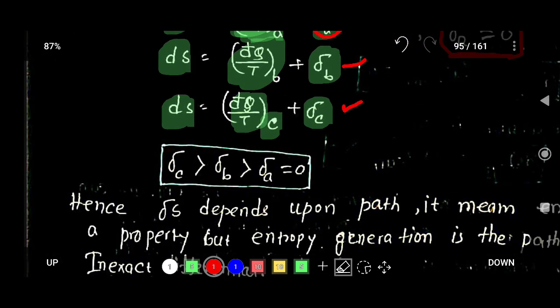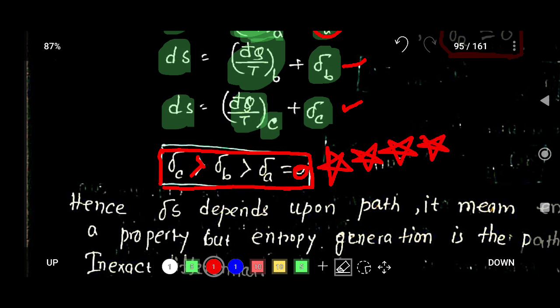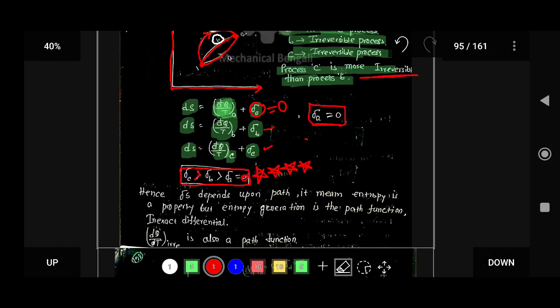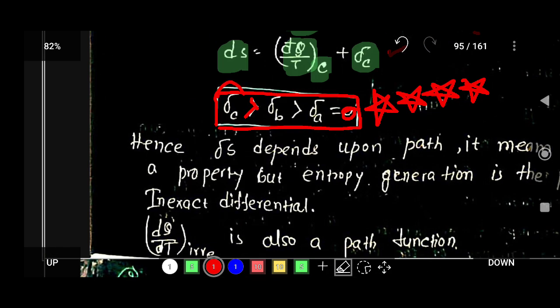Remember this: delta c must be greater than delta b, which is greater than delta a, and delta a is 0. This is very important. The entropy generation for process c is greater than for process b, because process c is more irreversible than process b.